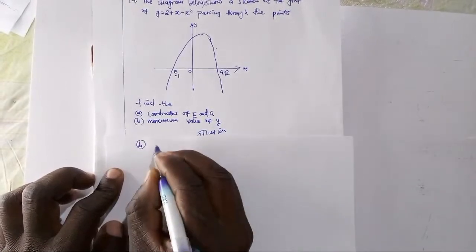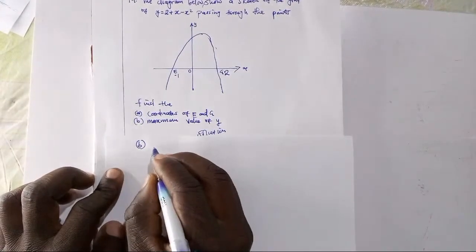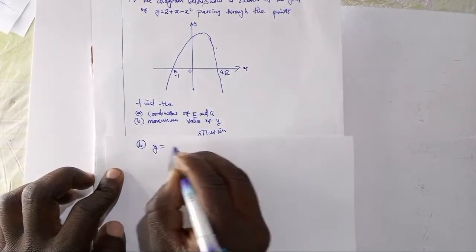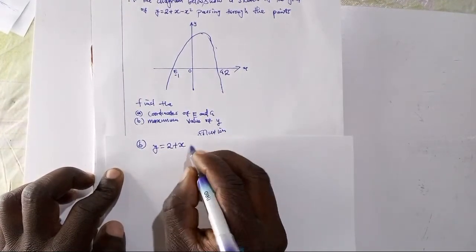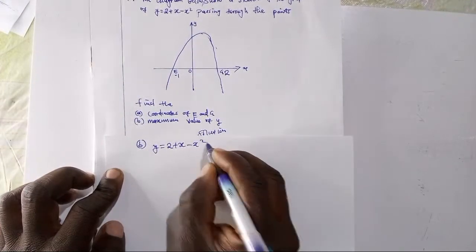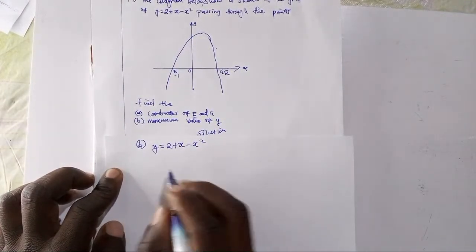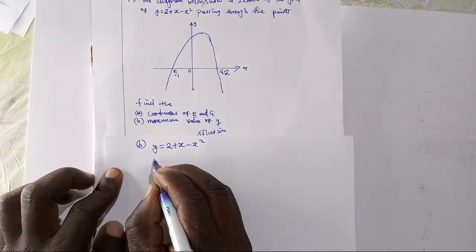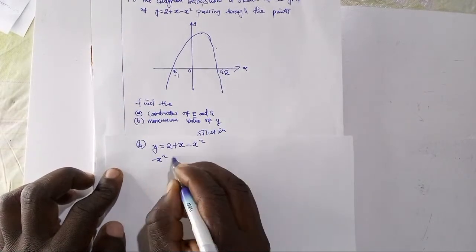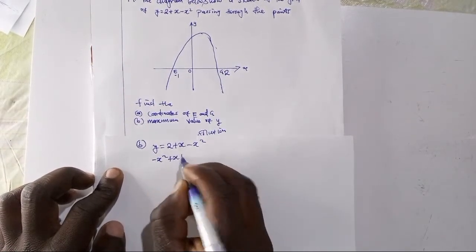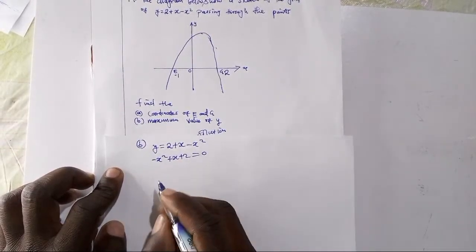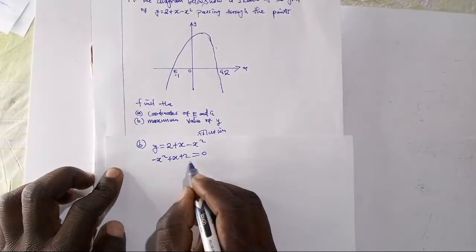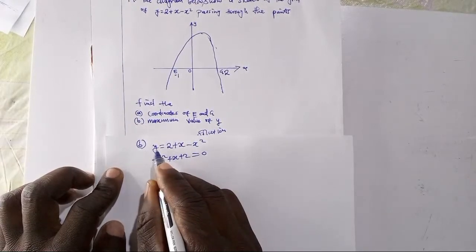Let's get this equation, which is y equals 2 plus x minus x squared. Then let's equate this quadratic equation to 0: minus x squared plus x plus 2 equals 0, right? Then let's differentiate this equation with respect to x.